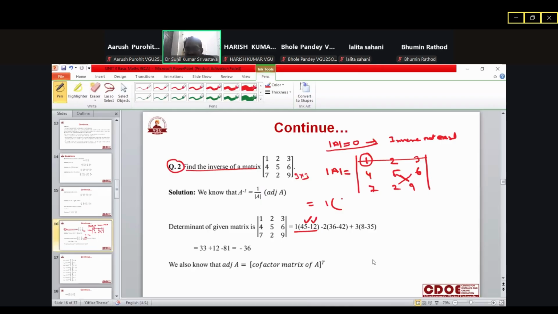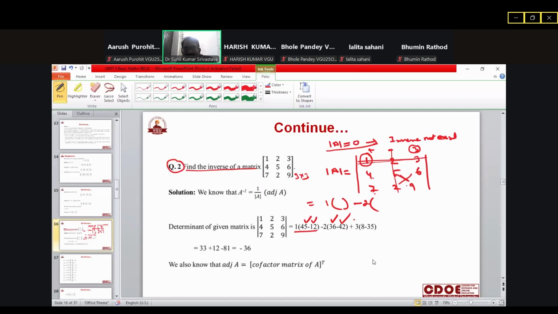Okay. And next, after that, the sign is plus, then minus. We write the sign as minus, the value is 2, we write 2. What do we have to do? Check in which row and column it lies. Remaining elements are 9 into 4, that is 36. 9 into 4, 36 हो गया. और minus करेंगे 7 into 6, that is 42. And lastly, finally, we have the sign of the third element as plus 3.